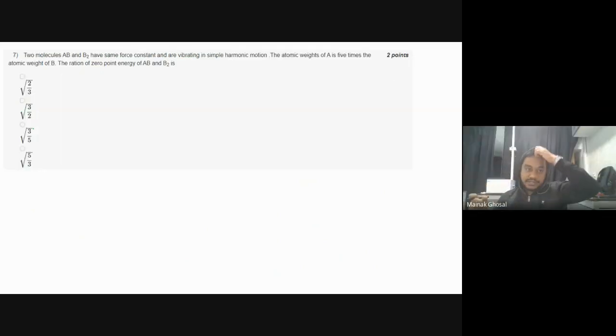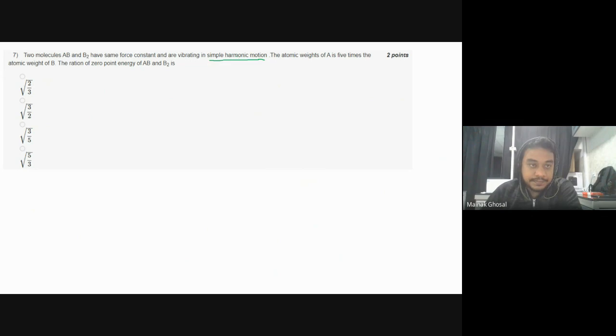Okay, so another mathematical question is saying that I have two molecules, AB and B2, which have the same force constant and are vibrating. They have made our task very easy because it is simple harmonic motion.